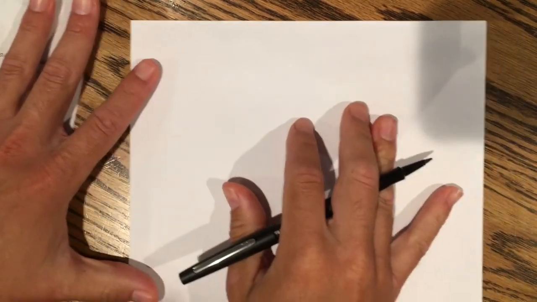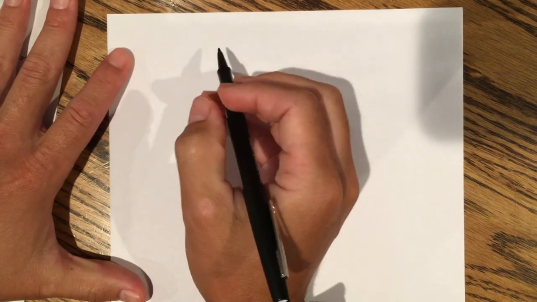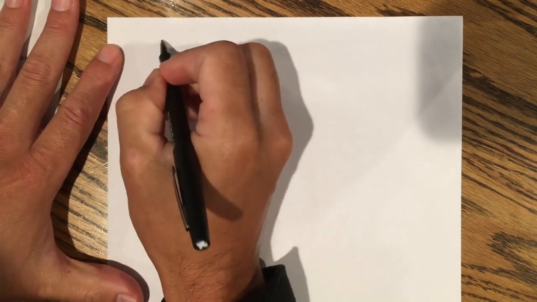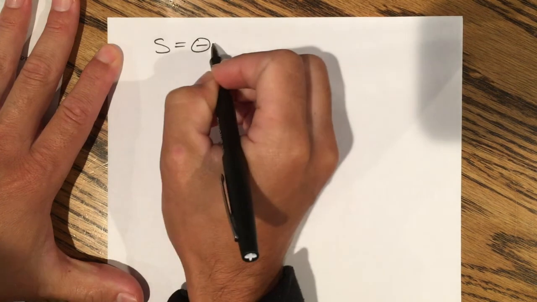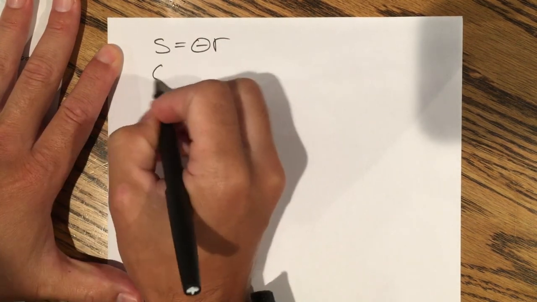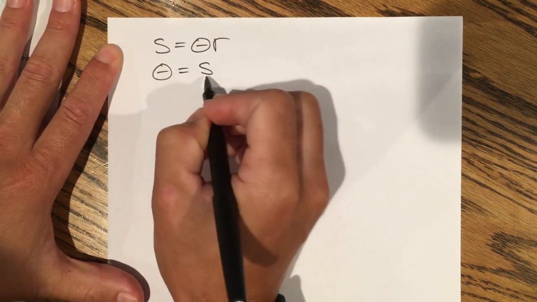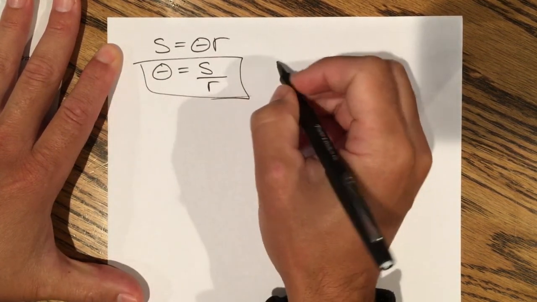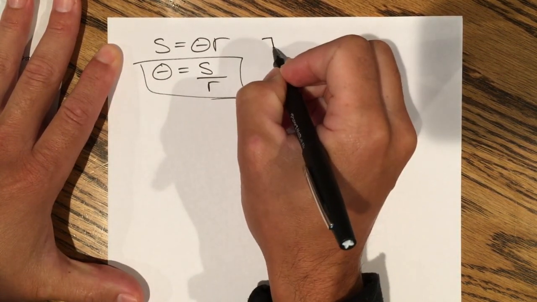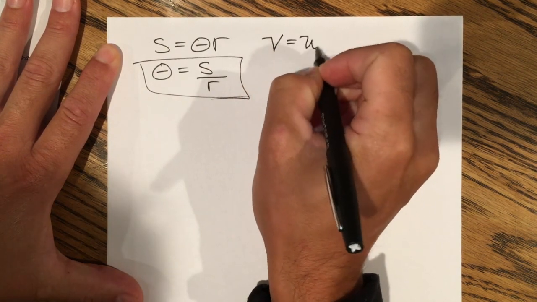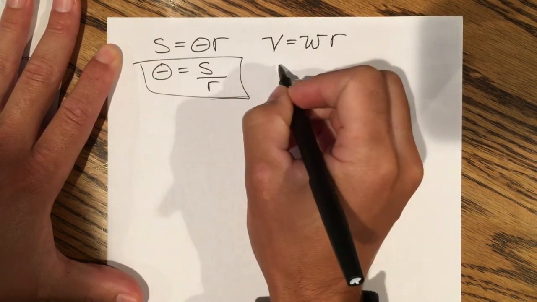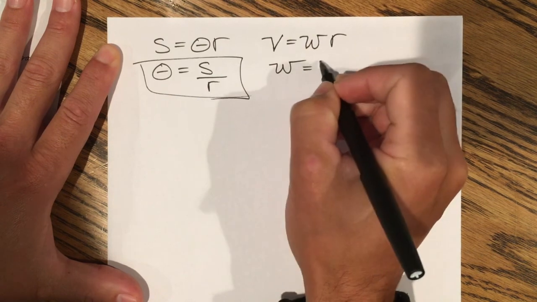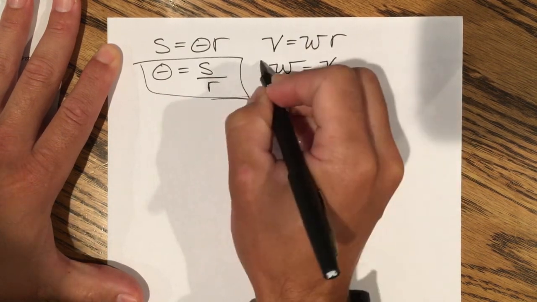You can also rearrange that. So say you want to find the rotational position. If you know s equals theta times r, then theta equals s over r. And so that would be another way to write the same formula. Or if you took v equals omega times r, then omega is equal to v over r.